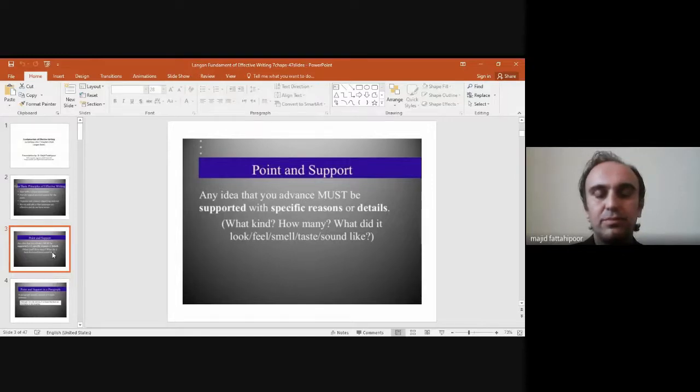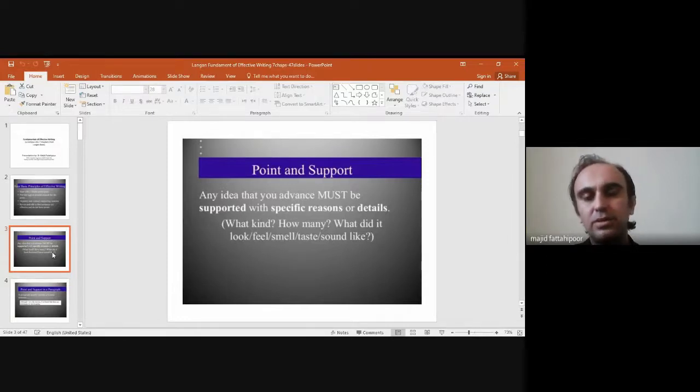The topic sentence is the idea you are attempting to actually bring forward or actually make it happen. So it should be supported with specific reasons or details.